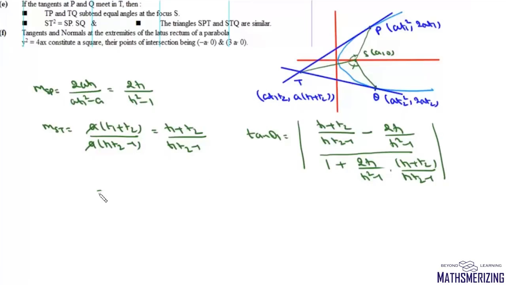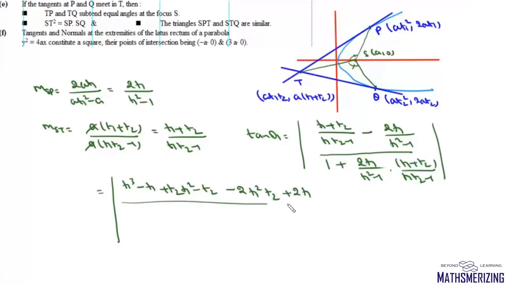So we'll simplify. We'll get this as t1³ minus t1 plus t2t1² minus t2 minus 2t1²t2 plus 2t1, and here in the denominator it will be t1³t2 minus t1² minus t1t2 plus 1 plus 2t1² plus 2t1t2.